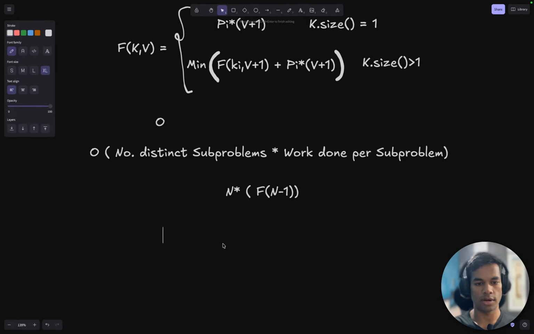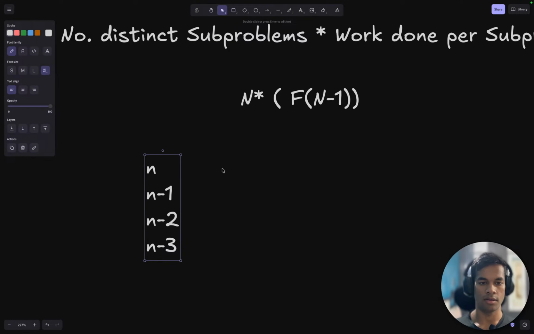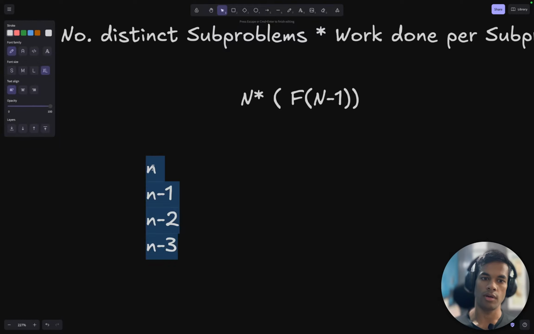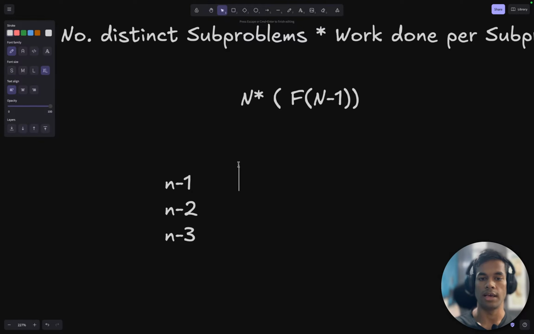So we will have trees of size n, trees of size n minus 1, trees of size n minus 2, trees of size n minus 3. We will not have a tree of size n, that would be our bigger problem. But we will have some problems where the size of our tree is n minus 1.